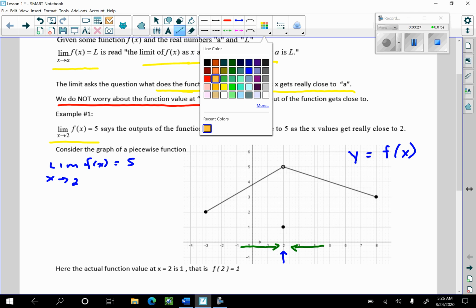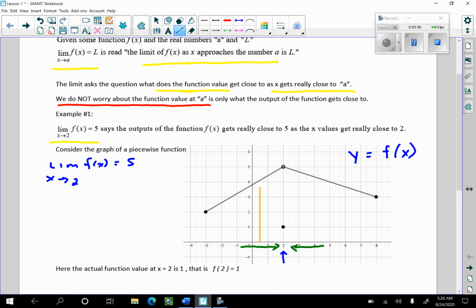If I take this x value right here, that's the function value for that x value. But if I take this line and I move it, what do those function values get close to? You notice those function values are getting ever so close. The x values are getting close to 2, and those function values are getting close to this horizontal line here, which is 5.